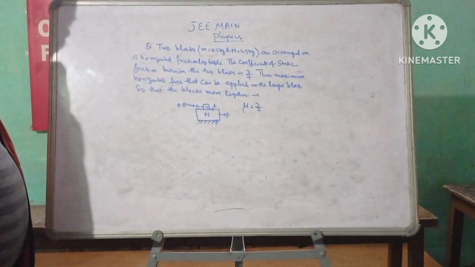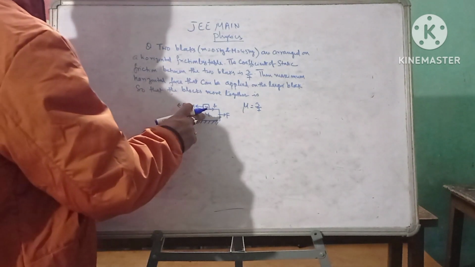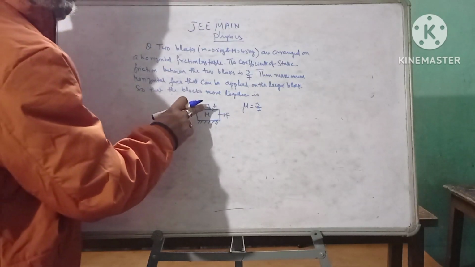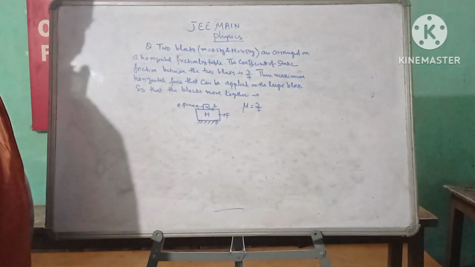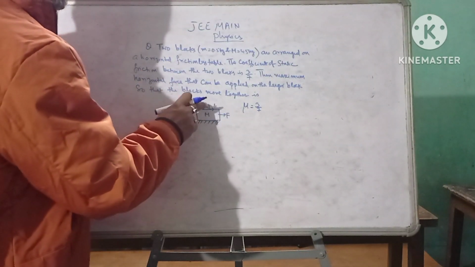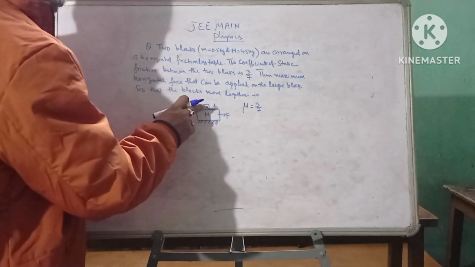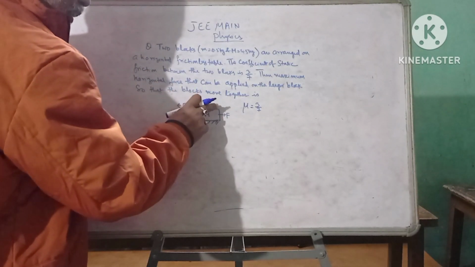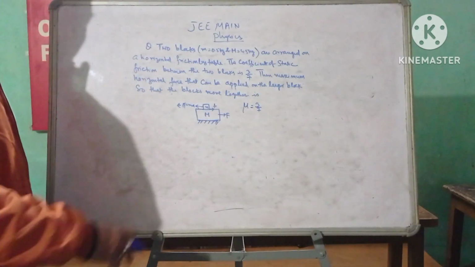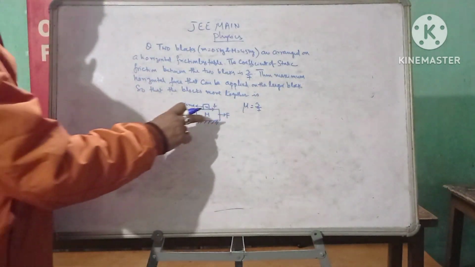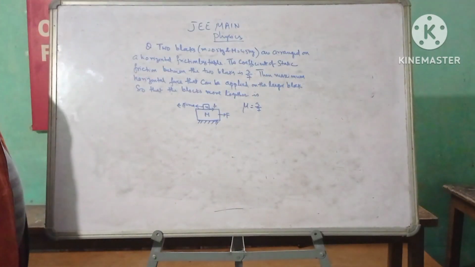So here, this body is moving in this direction because of this force, and this body must also move in this direction. The only force keeping this block moving in this direction is your frictional force, so the frictional force must be in the direction of this force capital F.